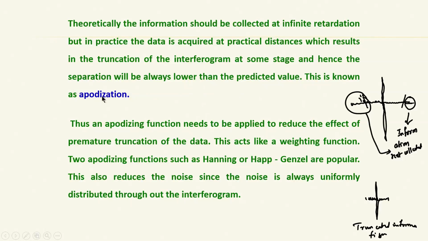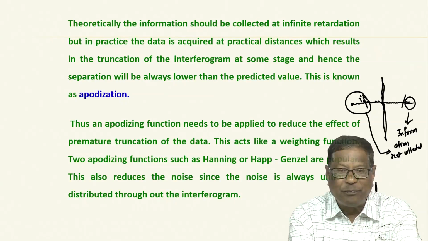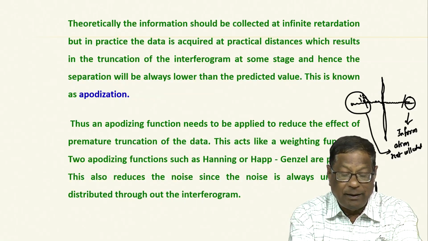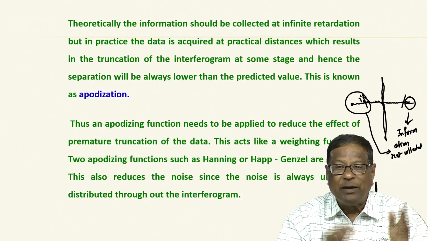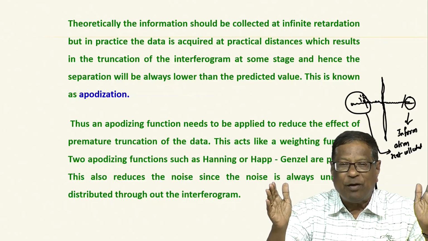So, this is known as apodization. This truncation is decided by the manufacturer. What is required to be done is that while doing the FTIR, I must say you stop at this stage of the moving mirror.